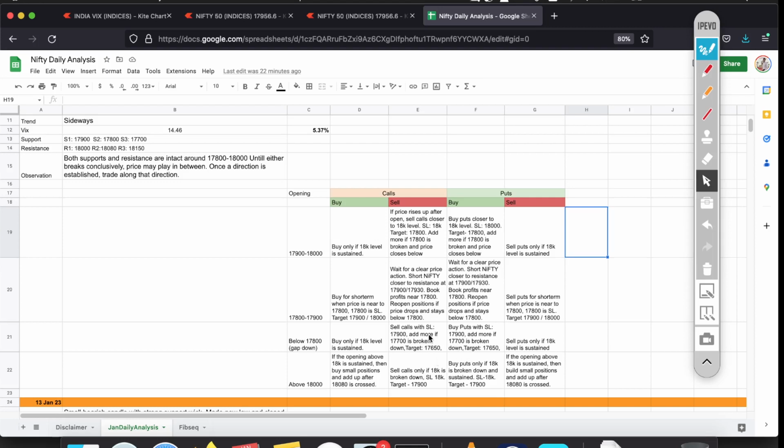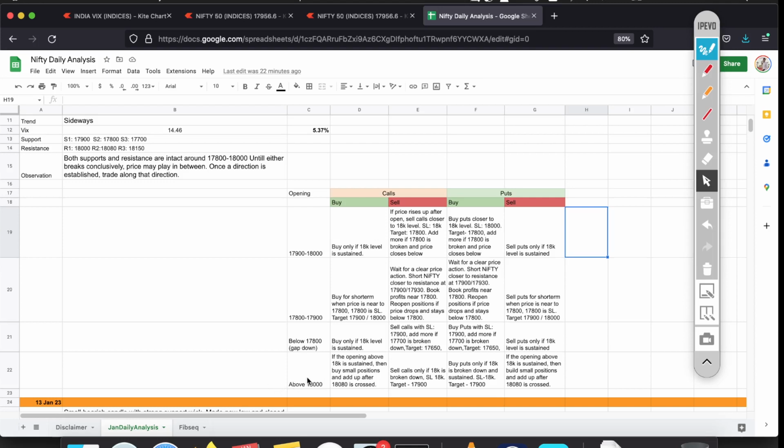Sorry, if you're selling calls, sell calls closer to the 17,800 level, or maybe at the opening, because then the VIX is high, so that even if price plays sideways for some time, you can gain from volatility. If Nifty plays sideways for 1 hour or 2 hours, you can sell some volatility and gain on it.